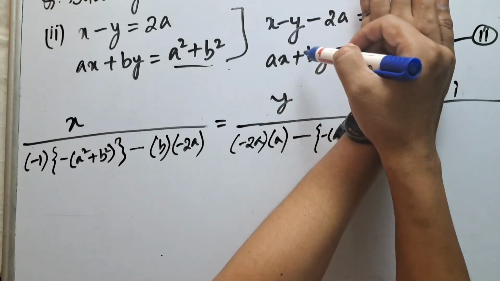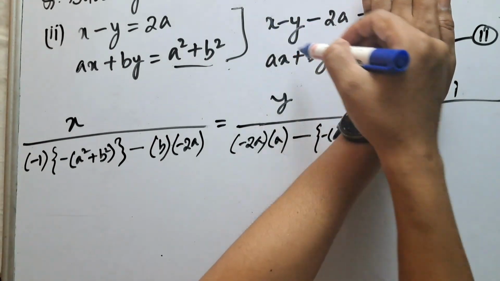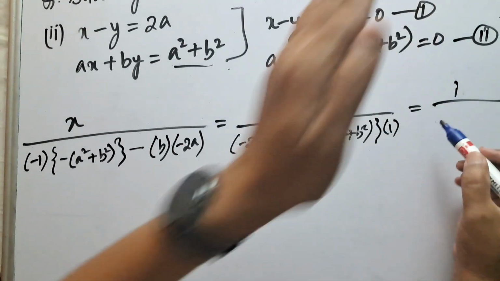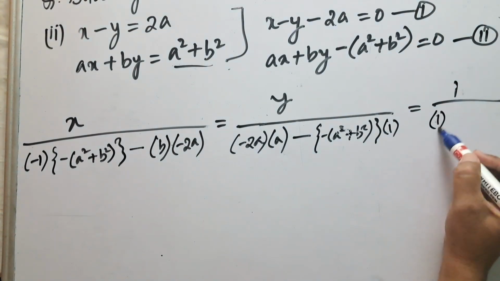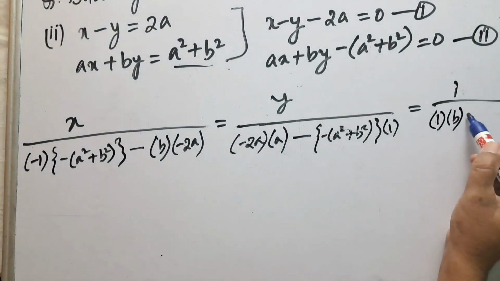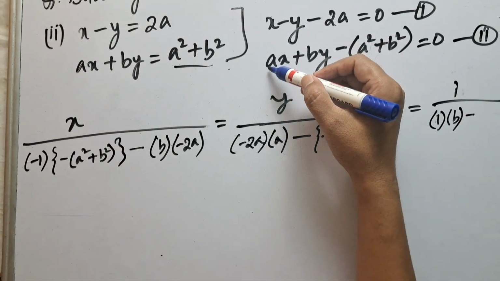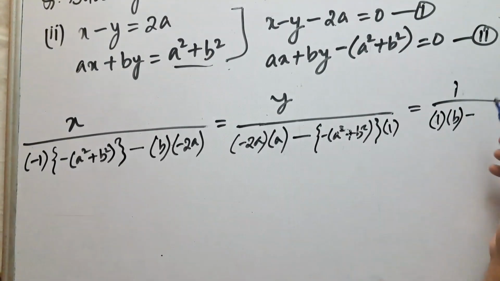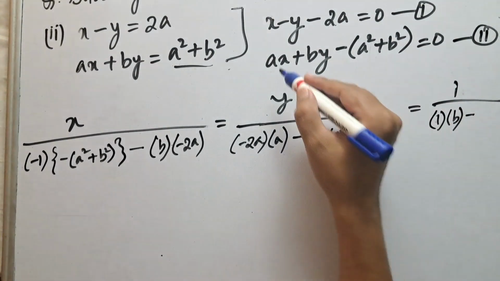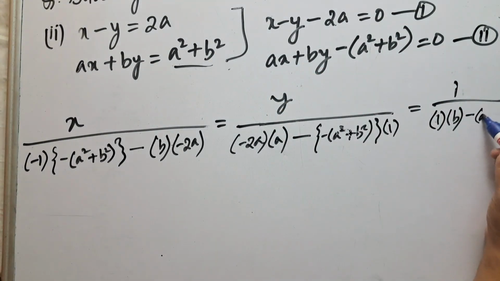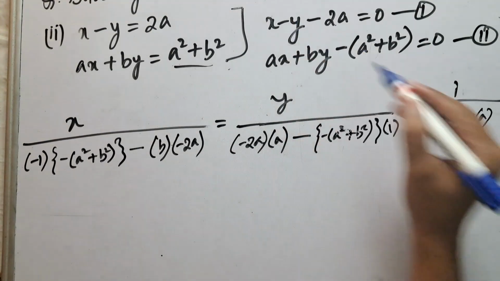Okay, 1 into plus b, 1 into the coefficient of y is plus b, 1 into b, and then the minus sign from the formula. And then upward, a into minus 1, the coefficient of x is a into the coefficient of y, which is minus 1.